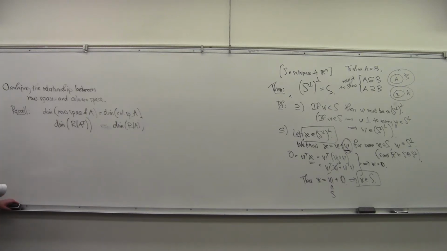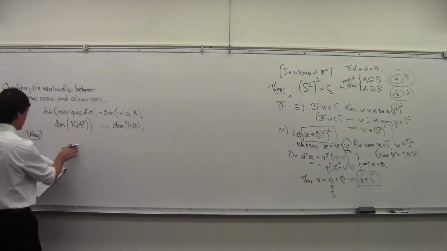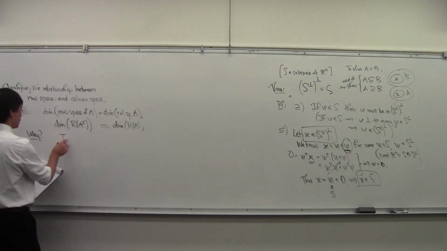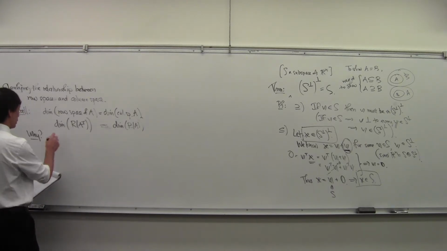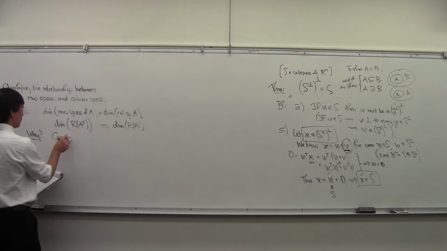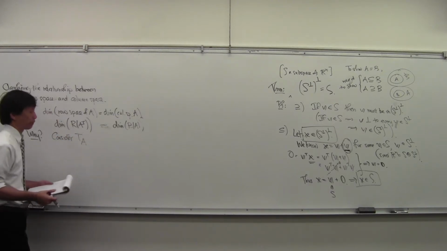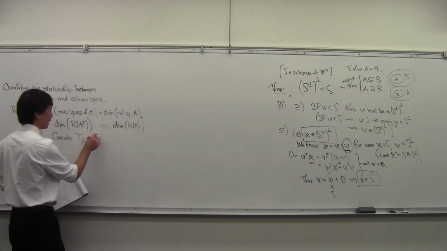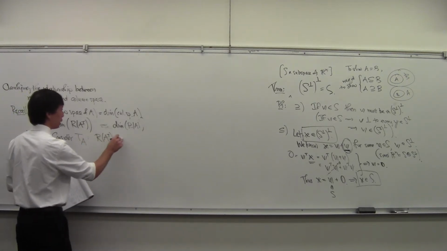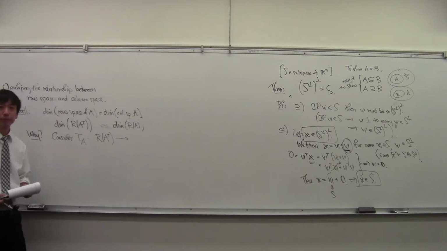Now we can actually explain this a little bit more clearly. Why does this happen? So think about the map T sub A. Consider the map T sub A, and suppose we let it act on the range of A transpose.